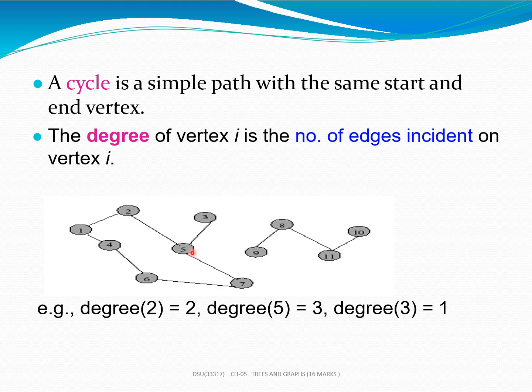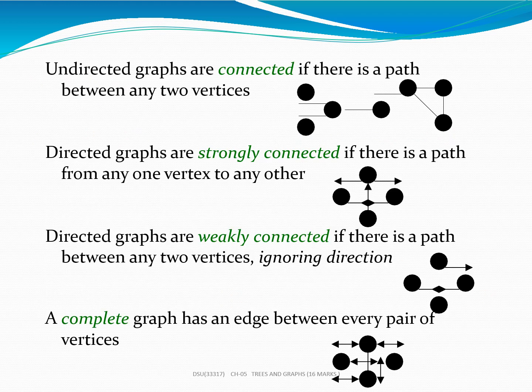We can say that the degree of a vertex is the number of edges from that particular vertex. Now, degree of 4 is what? Degree of 4 is 2 because 4 to 1 and 4 to 6. Undirected graphs are connected if there is a path between any two vertices. Okay. Then directed graphs are strongly connected if there is a path from any vertex to any other.